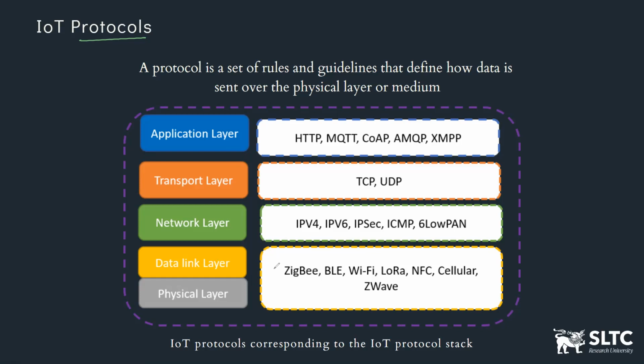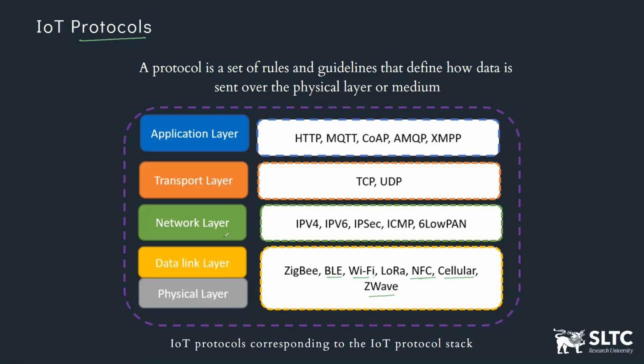So we will discuss related technologies such as Zigbee, Bluetooth low energy, Wi-Fi, LoRa, NFC or near field communication, cellular, and Z-Wave. The protocols that are used with these technologies are known as the protocols related to these technologies. So the physical and data link layer protocols we will discuss first.